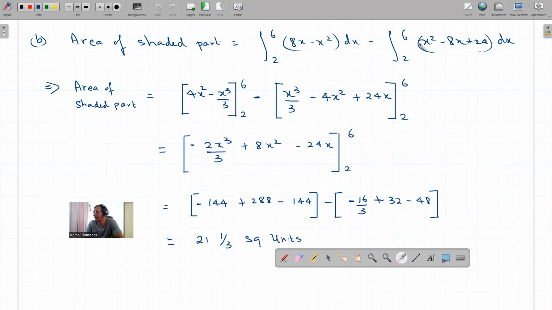OK? Moi, on integrate first. Upper part minus lower part. Et upper part, on gagne 4x squared minus x cubed over 3, between 2 and 6.